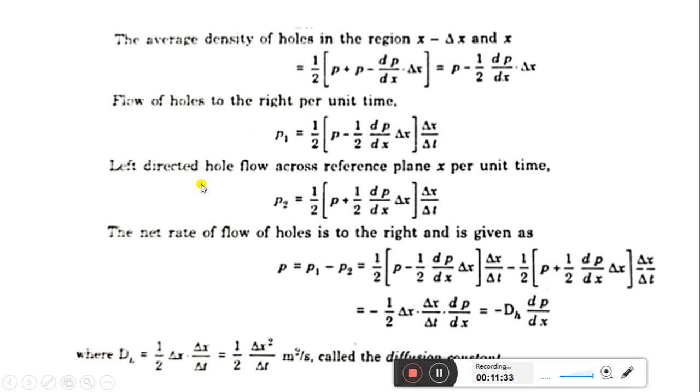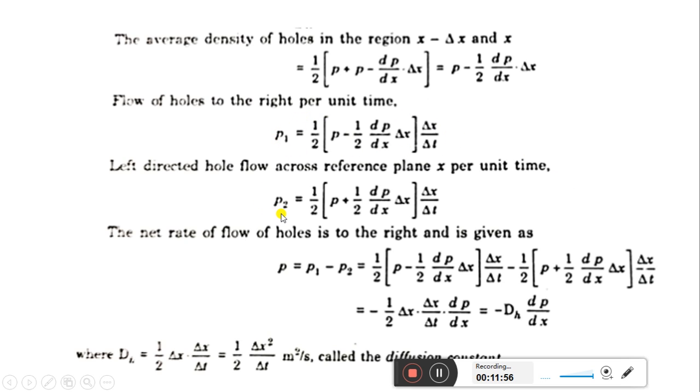Similarly, the flow of holes to the left we have to calculate in the same reference plane x for unit time. So instead of writing minus here, we will use a plus sign, and the rest of the quantities will remain the same.